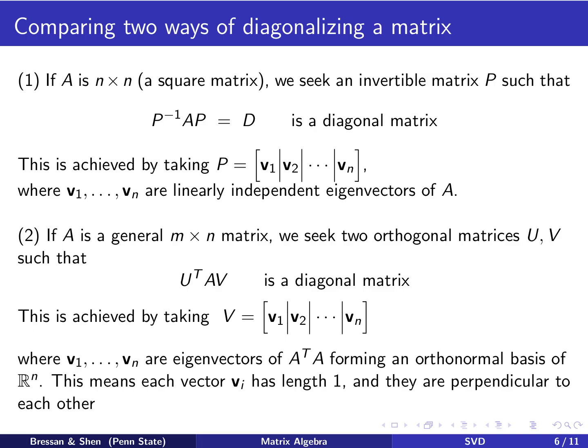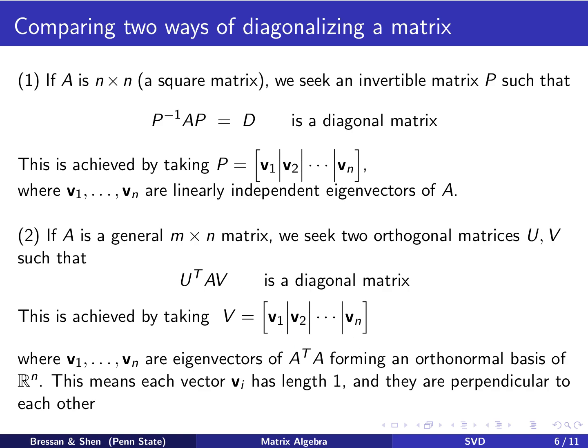If A is a general n by n matrix, then we would be seeking two orthogonal matrices, capital U and capital V, such that U transpose times A times V is a diagonal matrix. This is achieved by taking V as the collection of vectors v1, v2, ..., vn.